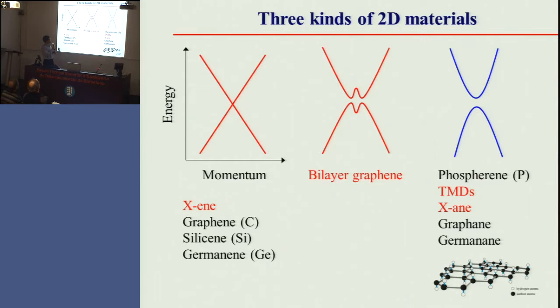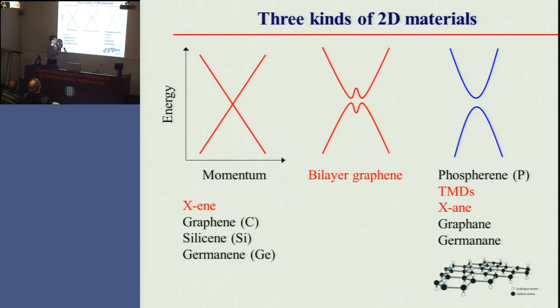The second category will be bilayer graphene, which has an inverted band structure like this. Because this material is really special, although it is made of just two layers of graphene, since it has an inverted band structure, it will be the basis for the so-called quantum spin-Hall effect.